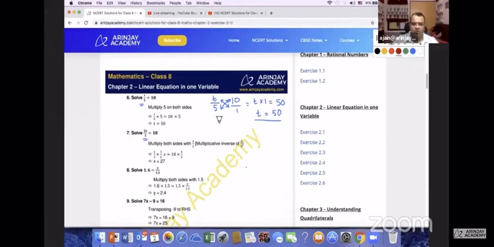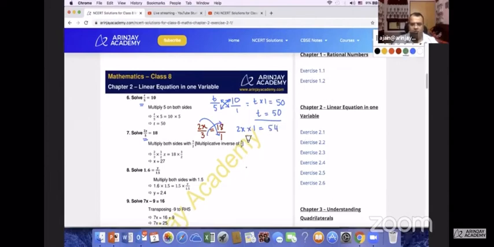Here you have been given that 2x upon 3 is equal to 18. But I can write 18 as 18 upon 1. Again, if I do the cross multiplication, I will multiply 2 by 1. In other words, I can write the left side as 2x into 1 is equal to, and then I multiply 3 with 18. 18 times 3 will be 54.